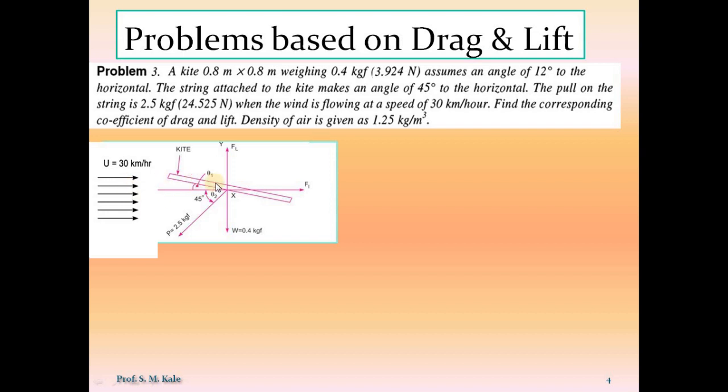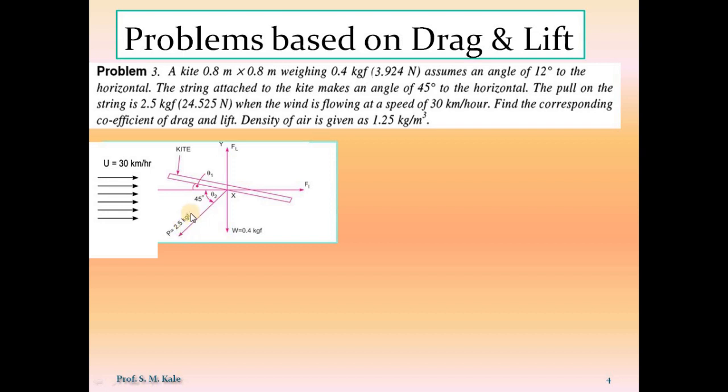As the air moves this way, it will act with forces on this kite, and because of this, a pull will be generated inside the string, and the value of the pull is equal to 2.5 kg force, that is nothing but 24.525 Newton, which is making an angle of 45 degree with the horizontal. P is equal to 24.525 Newton.